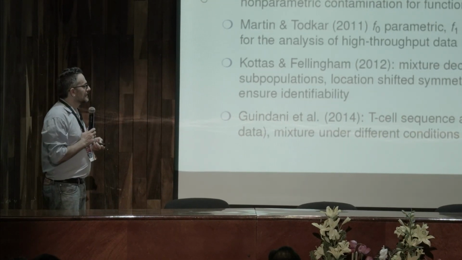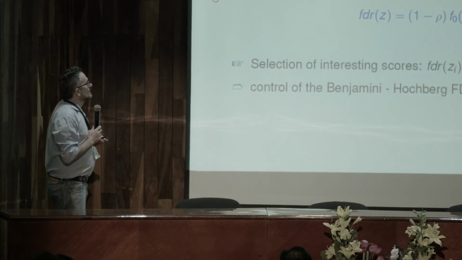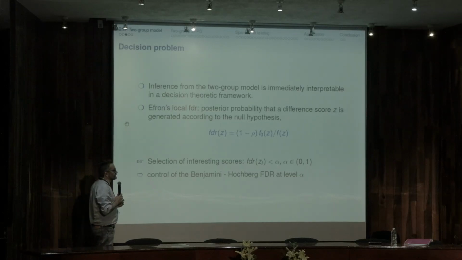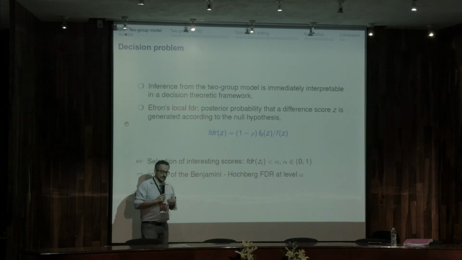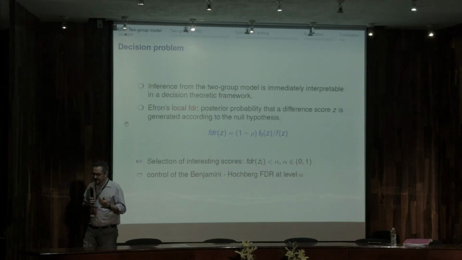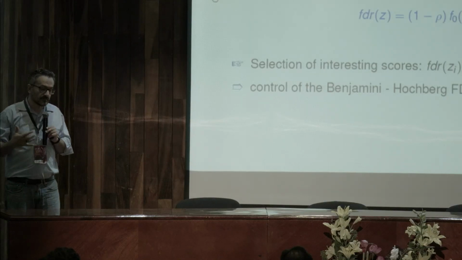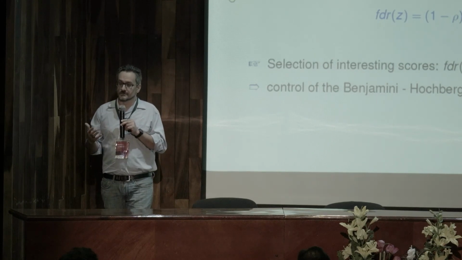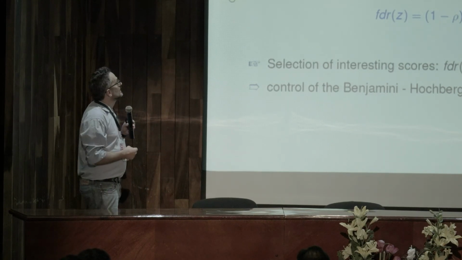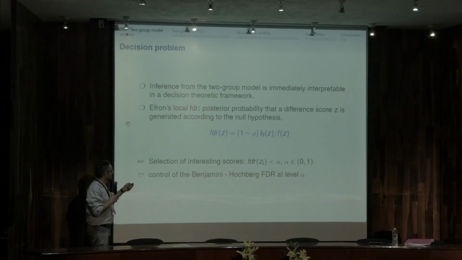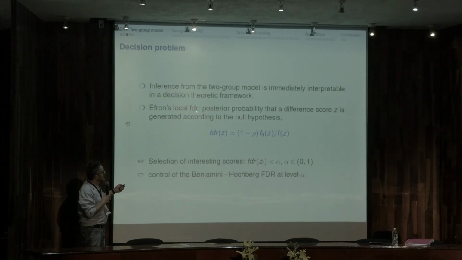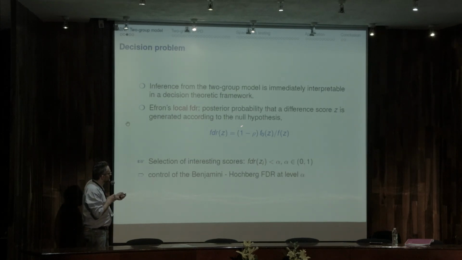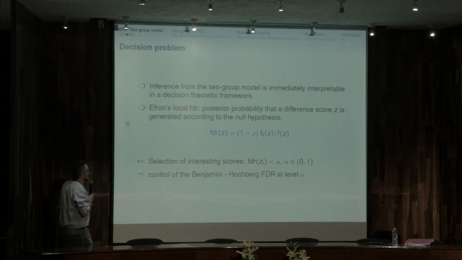Now, let's see why this is ubiquitous in the frequentist and Bayesian literature. On one hand, the reason is that this type of approach is amenable to a nice setup in terms of a decision framework. In particular, Efron proposes what he calls the local FDR, which for each hypothesis estimates the probability that a given score Z is generated according to the null hypothesis.